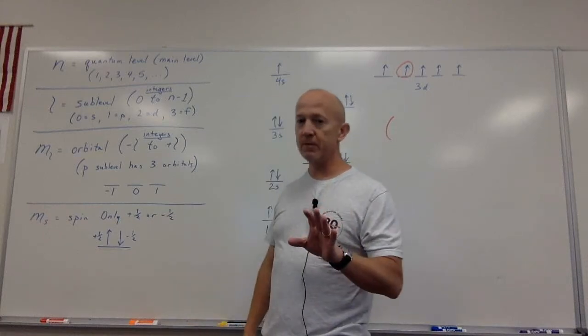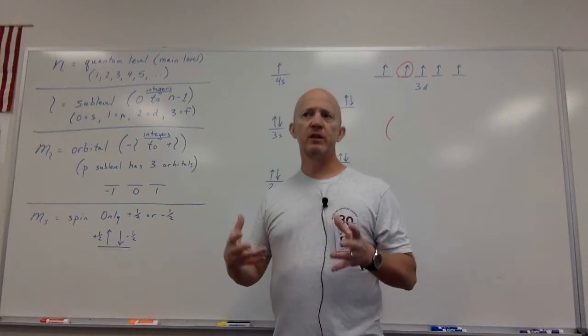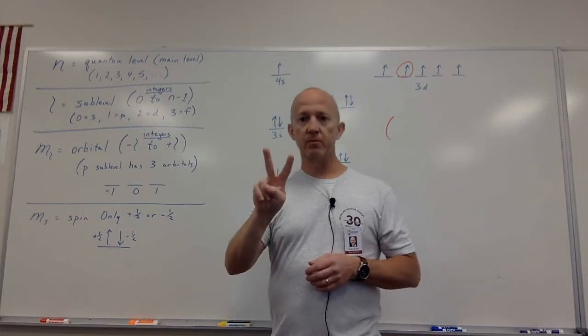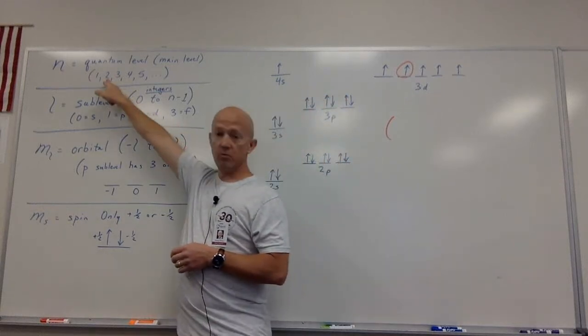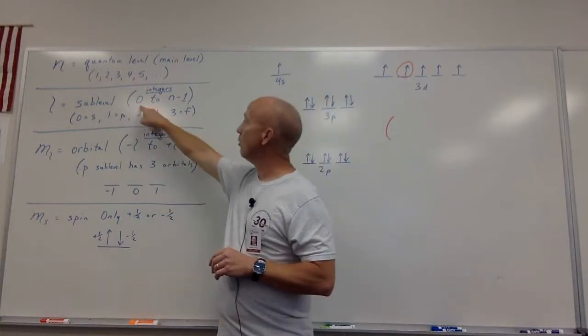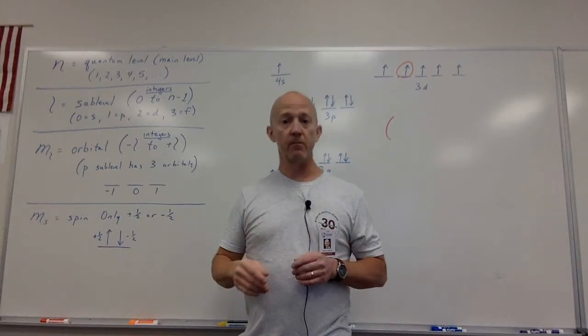Let's look at it this way. Suppose I have an electron and it's on principal level 2, okay? Principal level 2. So my n number would be 2. My l number could be 0 or 2 minus 1, 1. Either 0 or 1.